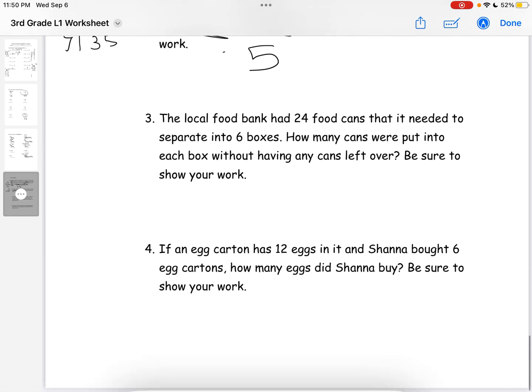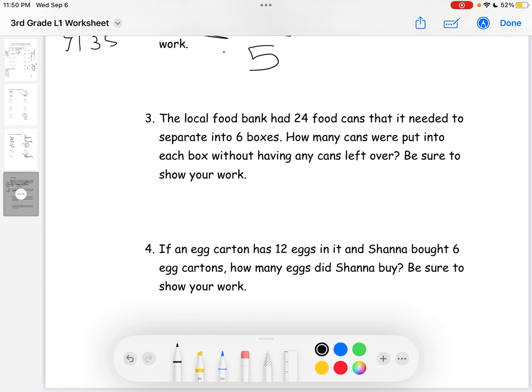For number 3, it's asking, the local food bank had 24 food cans that needed to be separated into 6 boxes. How many cans were put into each box without having any cans left over? Be sure to show your work. Okay, for this one, we know there's 24 food cans and 6 boxes. So you're going to have to use division again for this one.